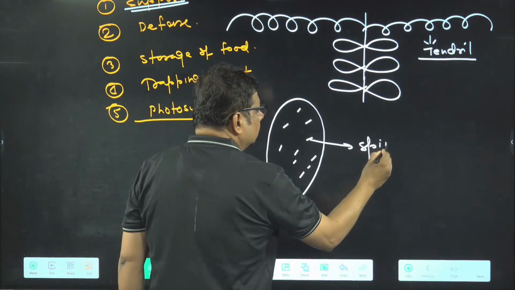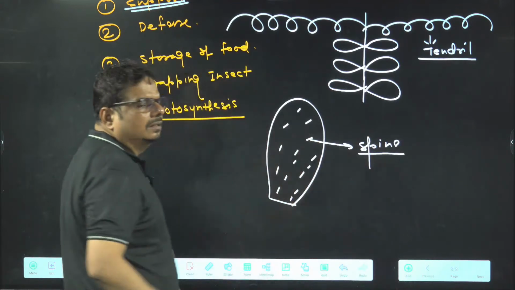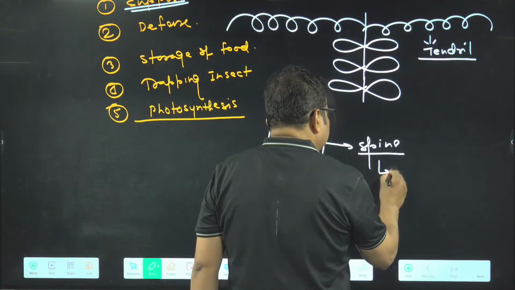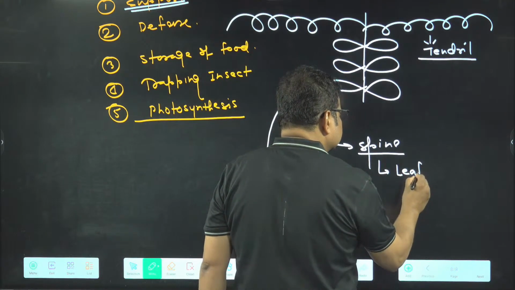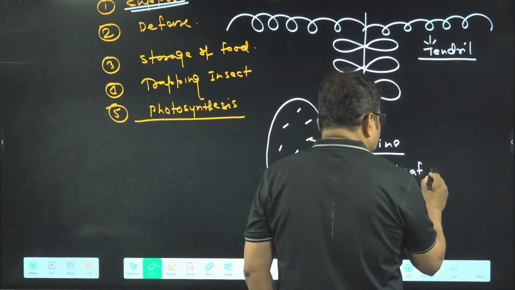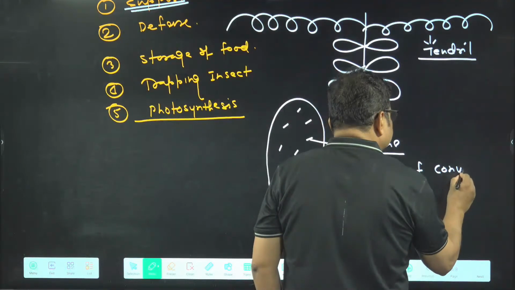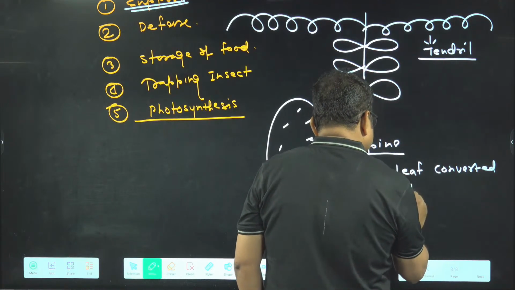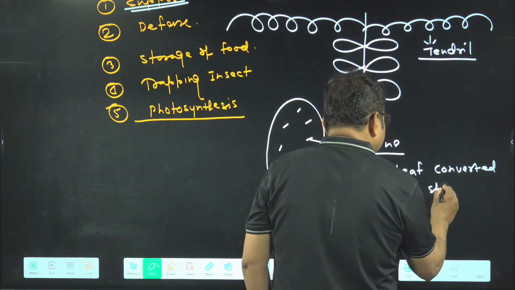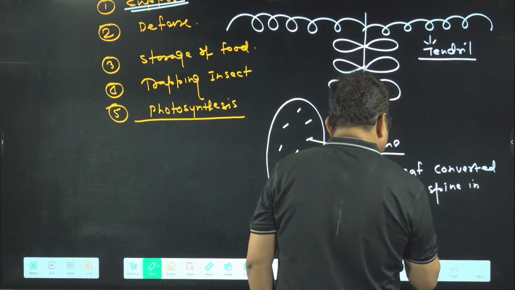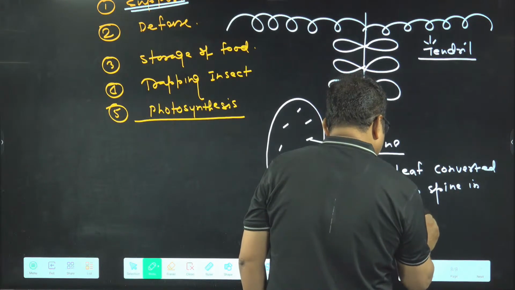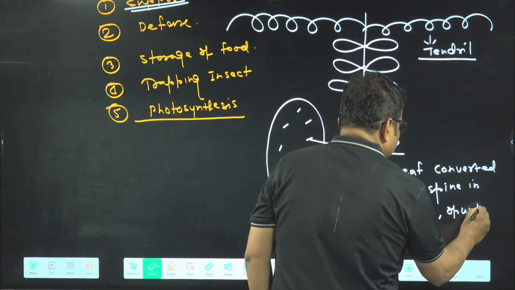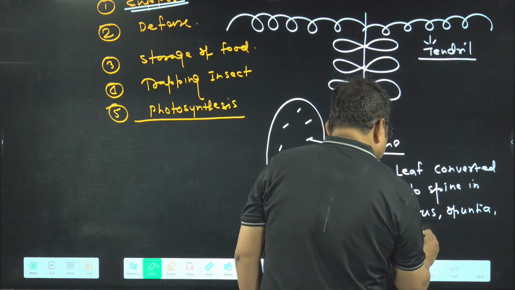Spines. So who is forming the spine? Leaf. Leaf is converted into a spine in cactus, Opuntia, Euphorbia.